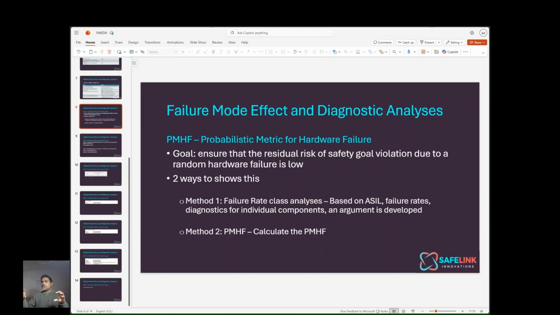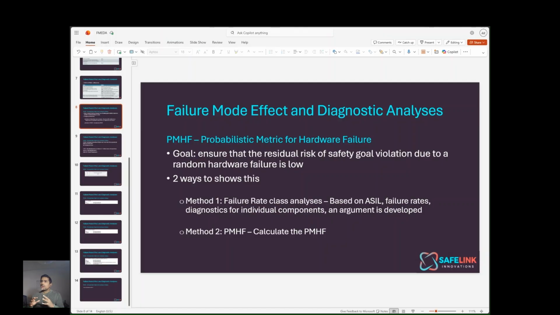Take individual components. Depending on the highest ASIL safety goal that is violated, the failure rates of individual components, and what diagnostics we have, we develop a qualitative argument in terms of what failure class this component belongs to. Again, we're doing this for individual components.